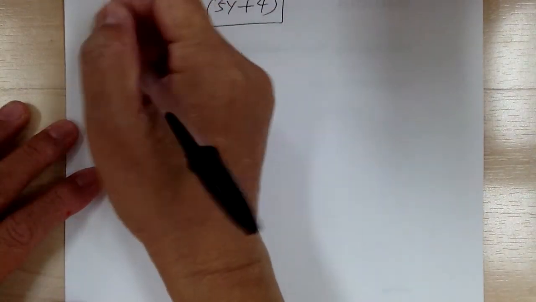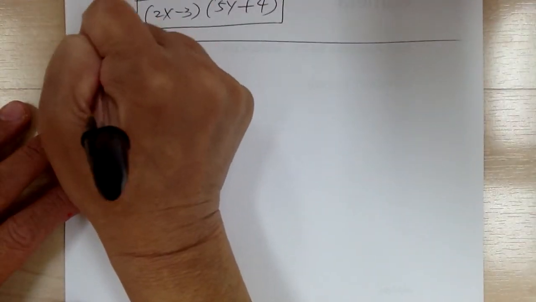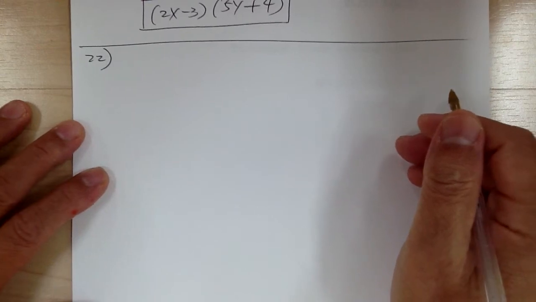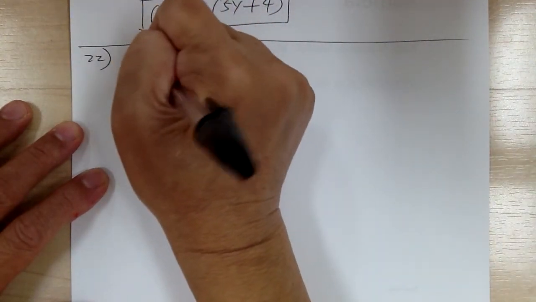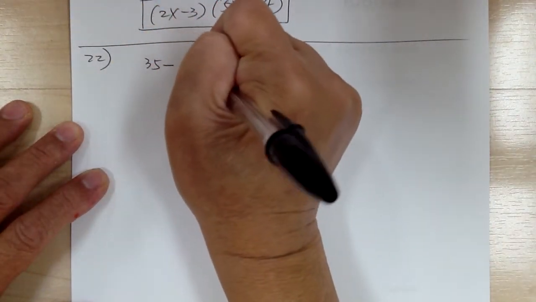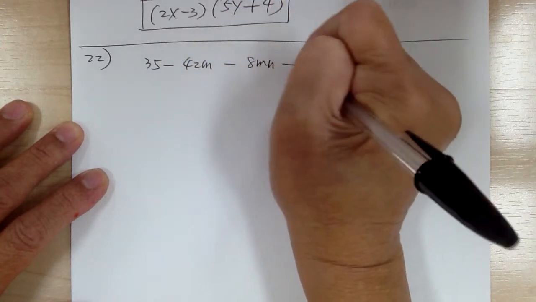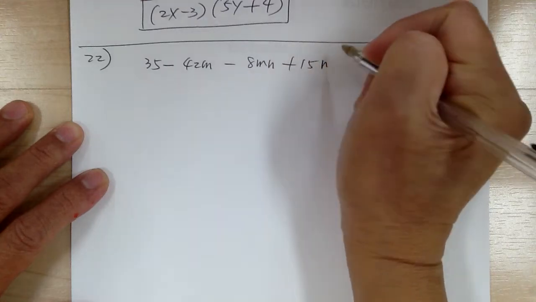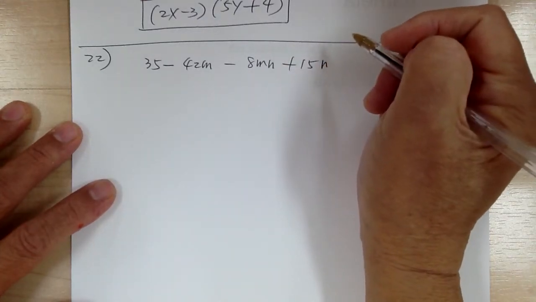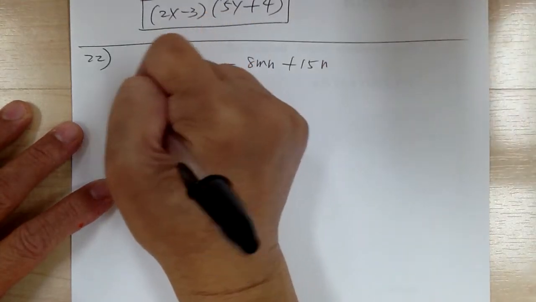Okay, let's go to the next one. Okay, you got 35 minus 42m minus 8mn plus 15n. Okay, so again, let's go and group them.